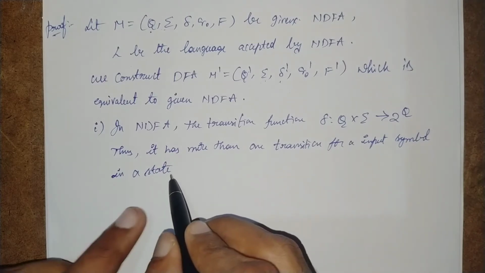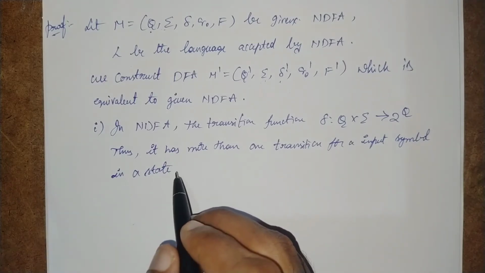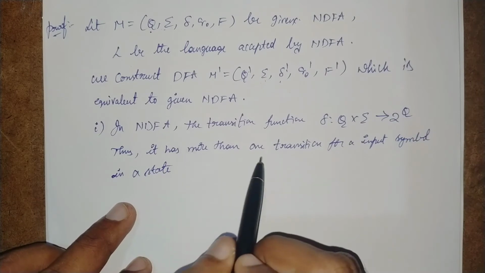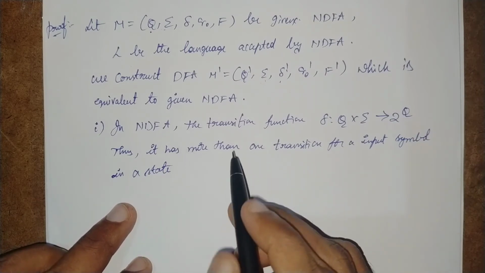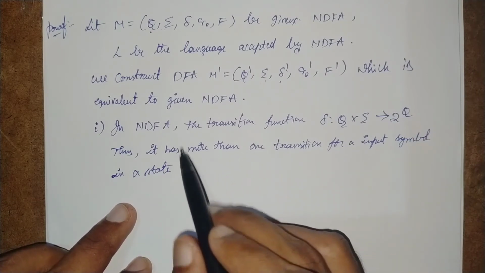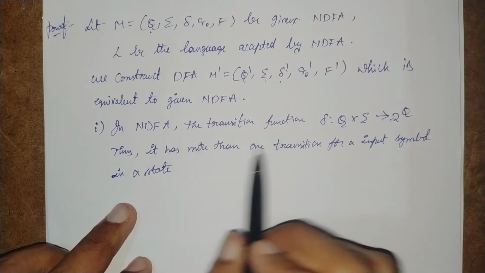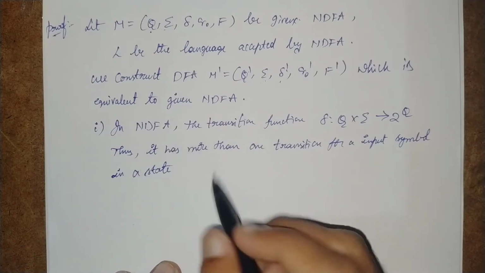Earlier we have seen in the transition graph that when 0 is applied to the state Q0, it moves to Q0 and Q1. So those types of systems are NDFA.